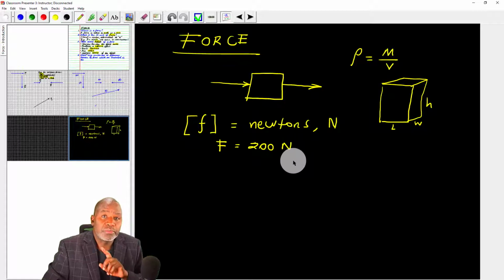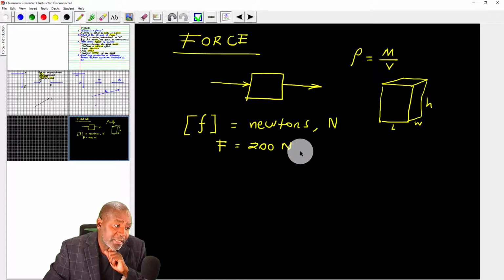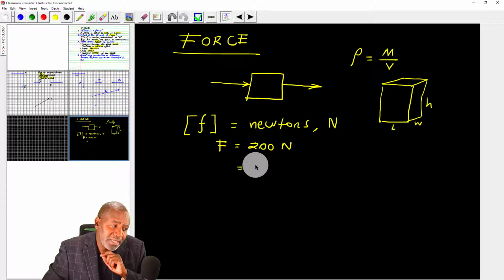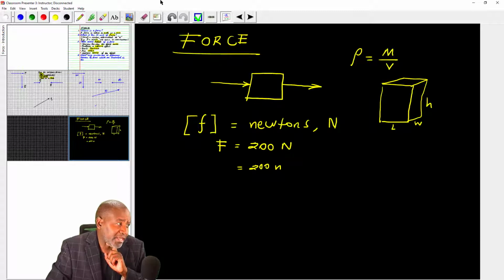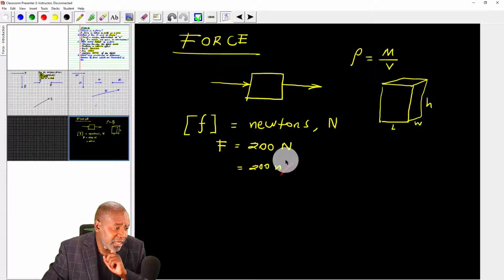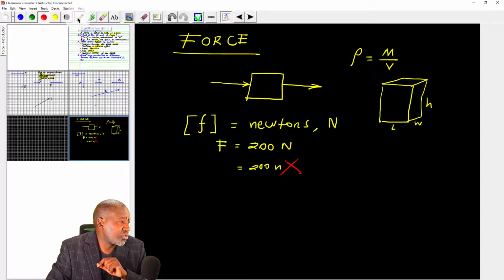Now, it would be wrong to write this number here as I'm going to write it down here, but remember, this is not correct. So let me immediately put an X here. It's not correct to write it that way. I'm going to explain in a moment why that is not correct.